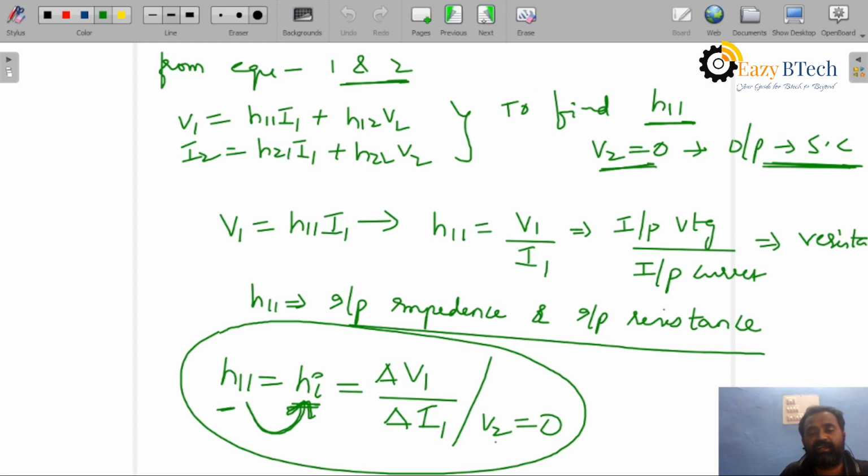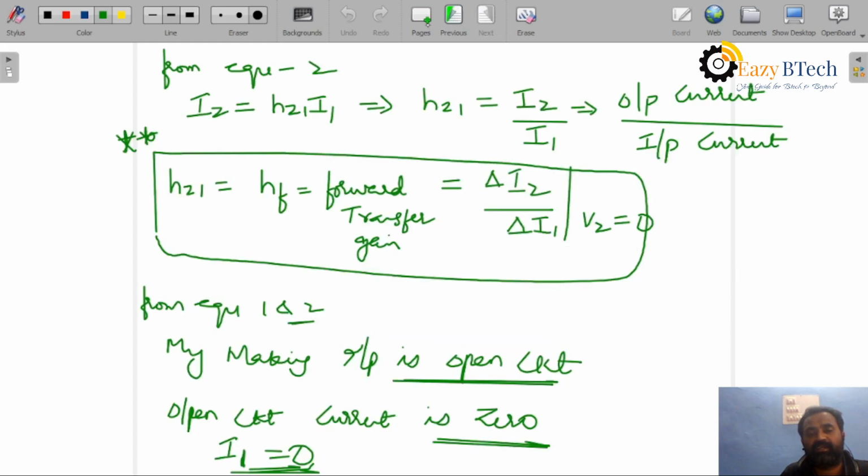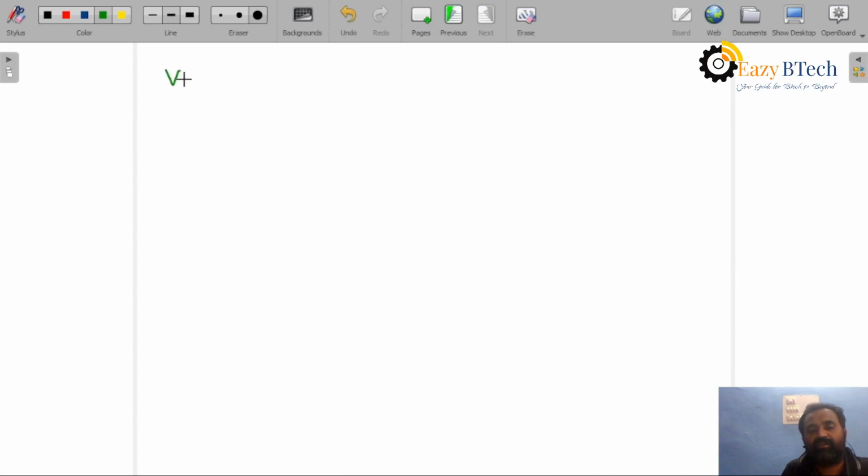Then we will write V1 is equal to H12 V2. From this, H12 is equal to V1 by V2. This we will write as HR, means reverse transfer gain.